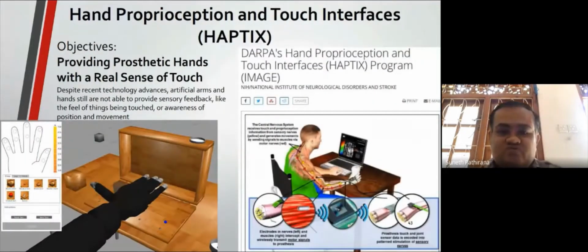And this is what we call haptics, or this 3D touch technology. From one view, this is a kind of communication technology, or else it gives sensation to the artificial limb, what we call prosthetic arms.